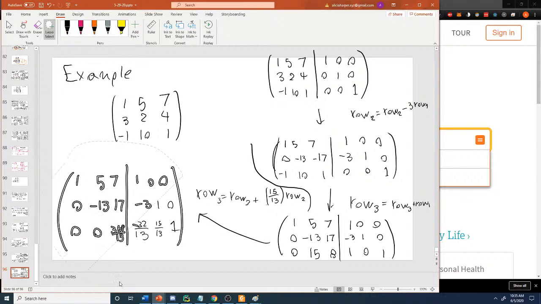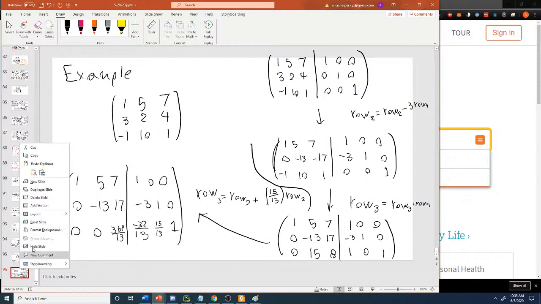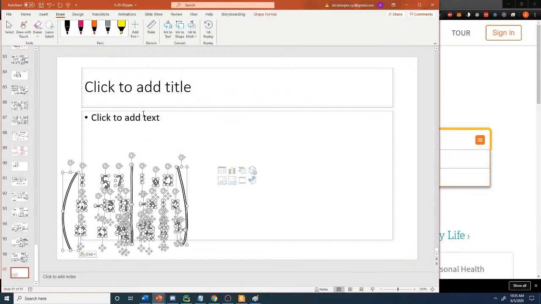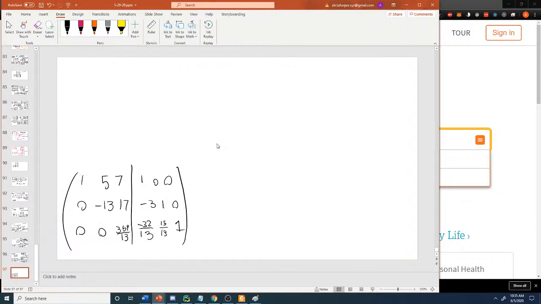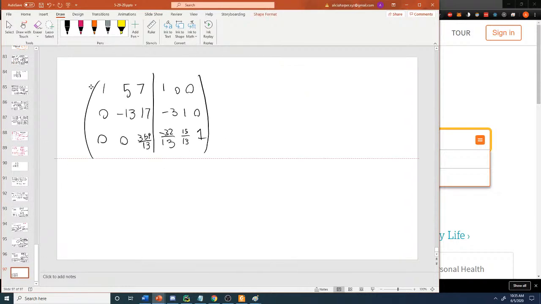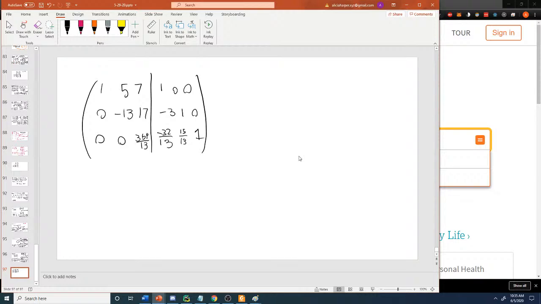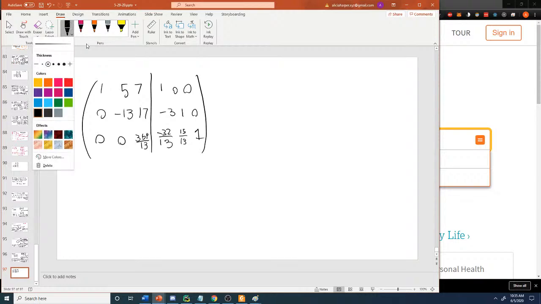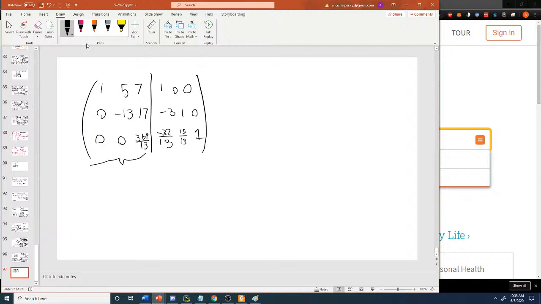So let's study the results it just gave us and try to interpret them. After applying a sequence of row operations of type 3, we produced this matrix, and we'll call this matrix U. It's upper triangular in the sense that everything below this diagonal is 0, and the things above the diagonal can be non-zero.